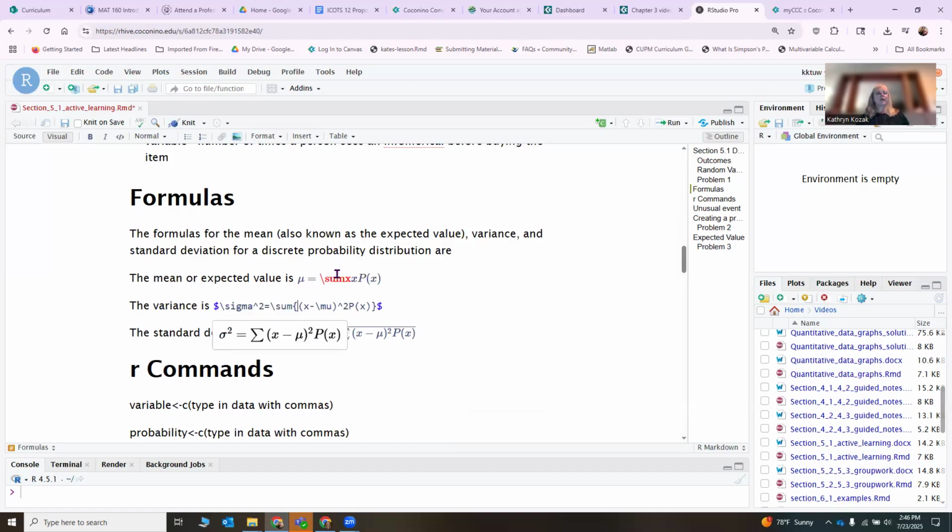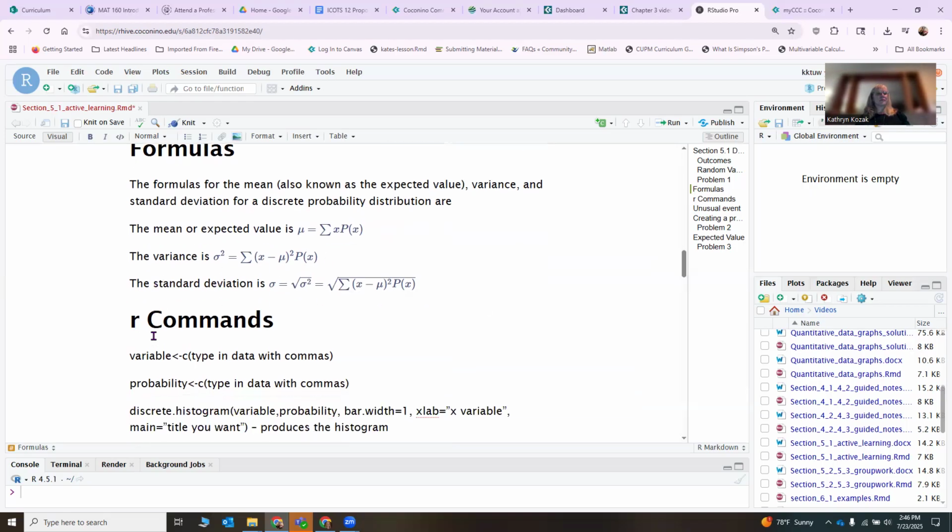So you're going to sum up X times P of X, and that will get you your expected value. Then your variance is done a slightly different way. It's a pretty involved process. You take each of your x's, subtract off your mean, square it, and then multiply by the P of X. Standard deviation is just the square root of that.